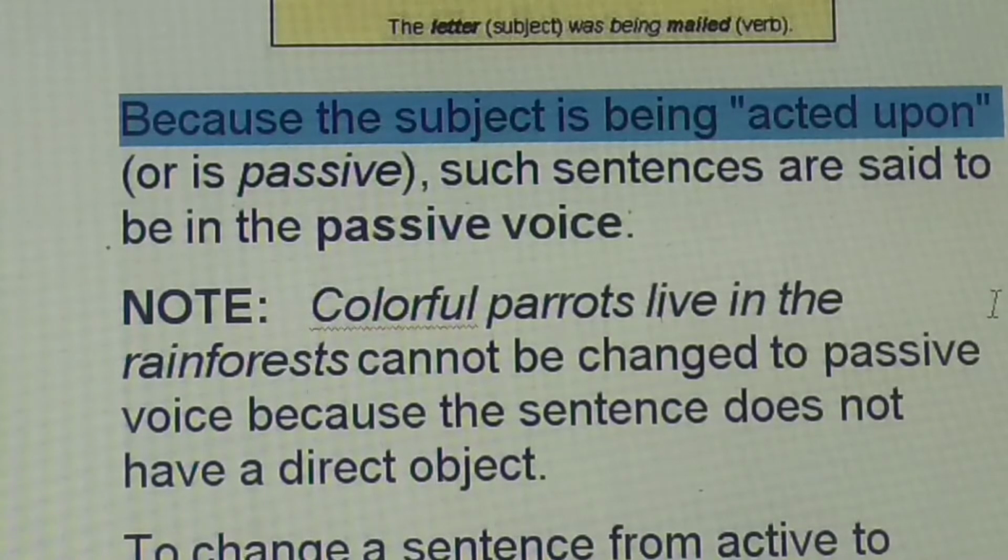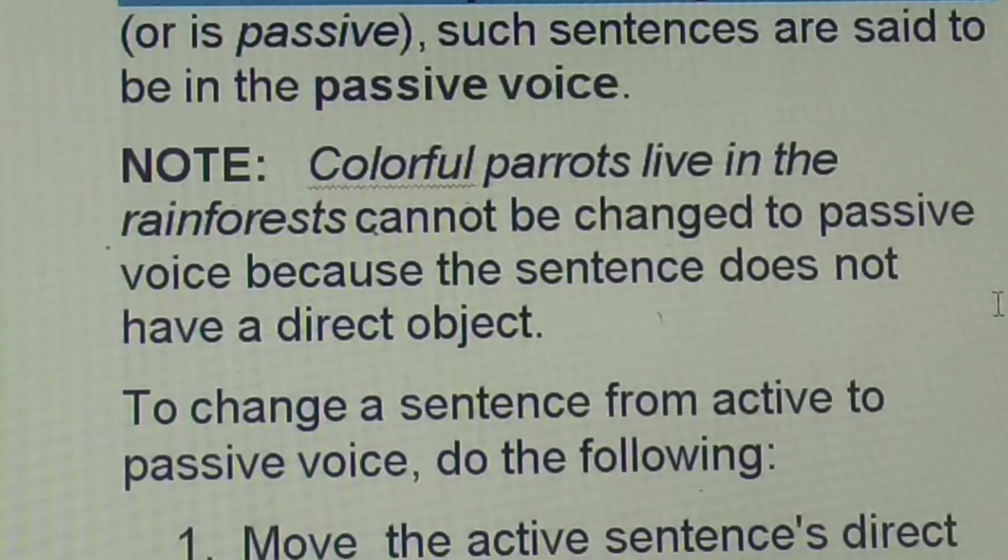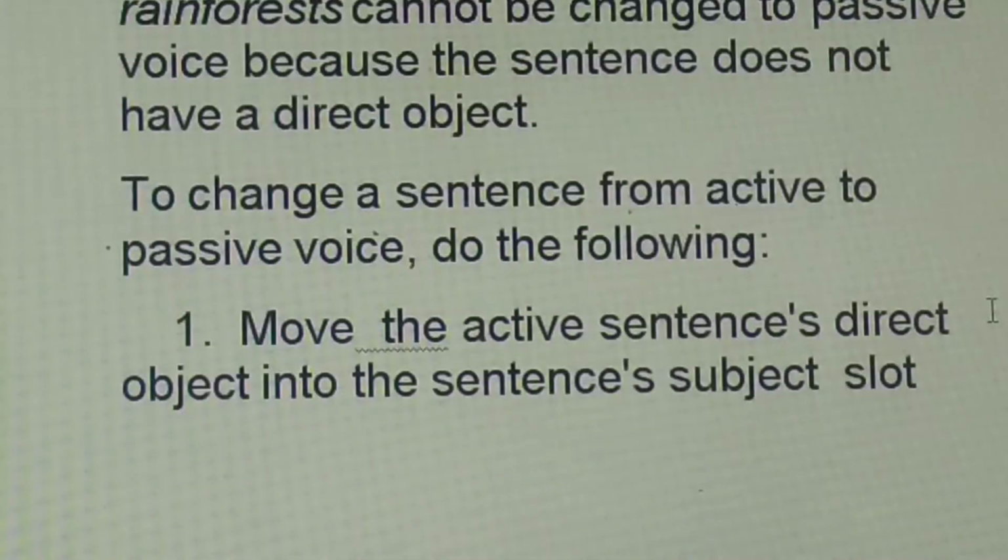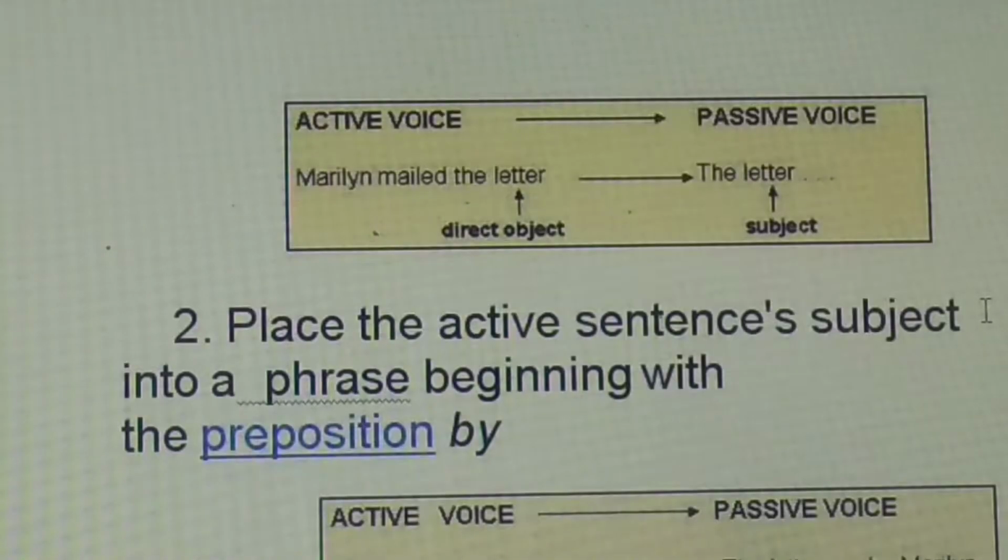Note, colorful parrots live in the rainforest cannot be changed to passive voice because the sentence does not have a direct object. To change a sentence from active to passive voice, do the following. Move the active sentence's direct object into the sentence's subject slot. See, Marilyn mailed the letter.